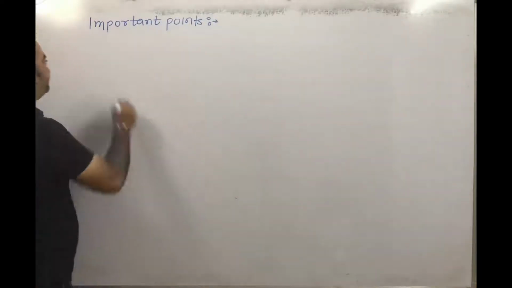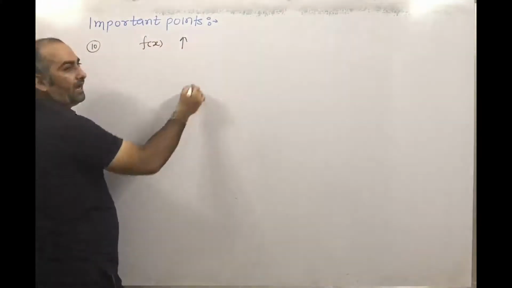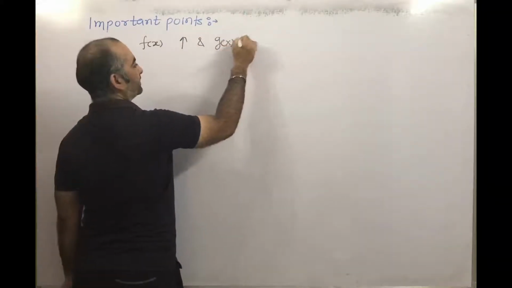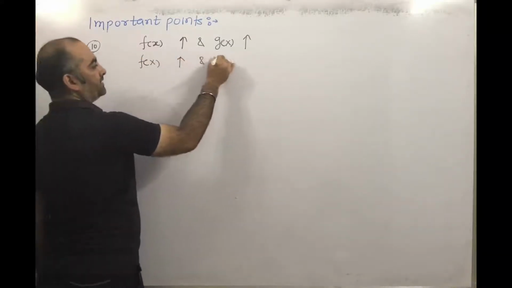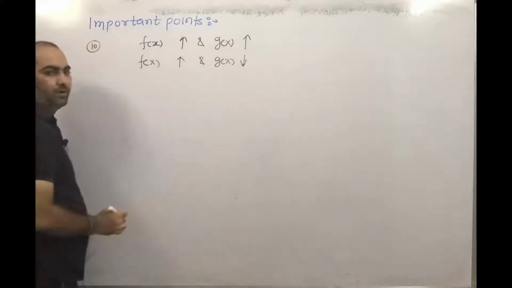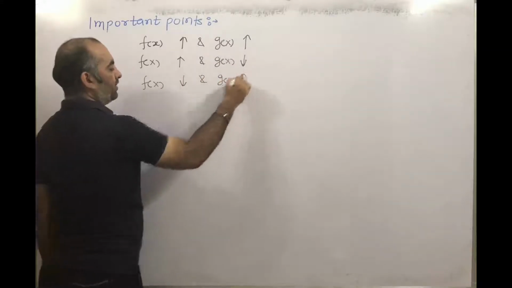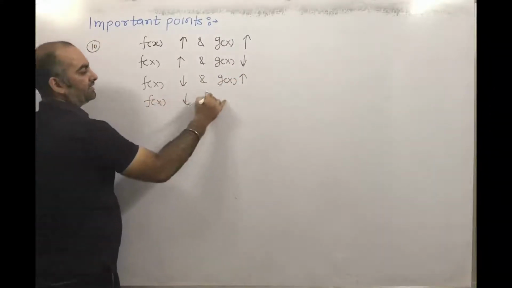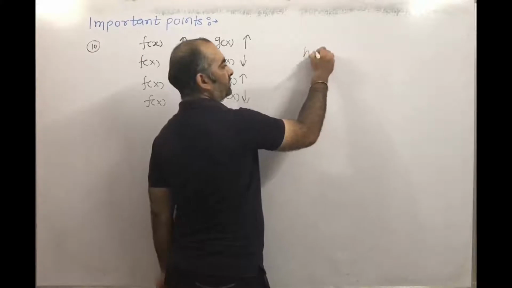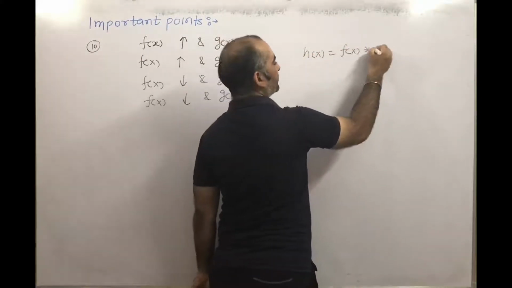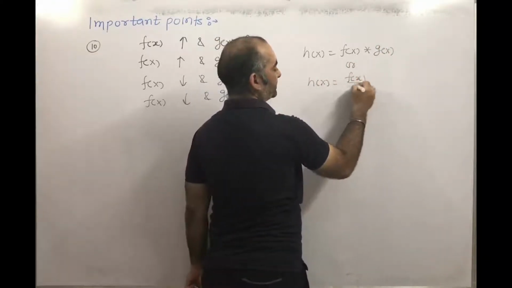Next is the 10th point. If we have f of x increasing and g of x increasing, or f of x increasing and g of x decreasing, or f of x decreasing and g of x increasing, or f of x decreasing and g of x decreasing, in any case, then h of x equal to f of x into g of x, or h of x equal to f of x divided by g of x.